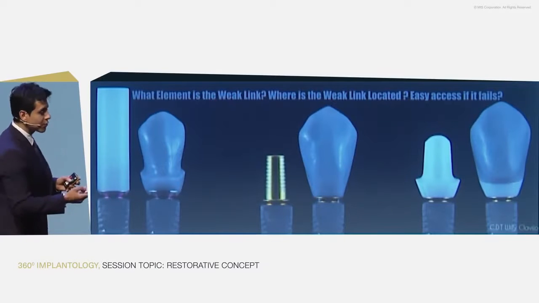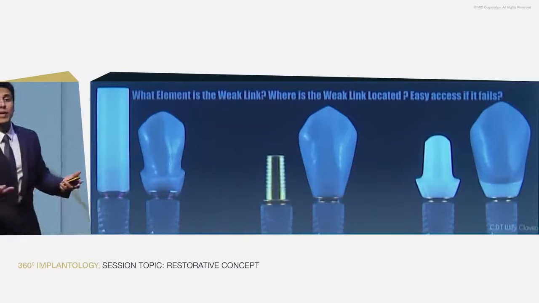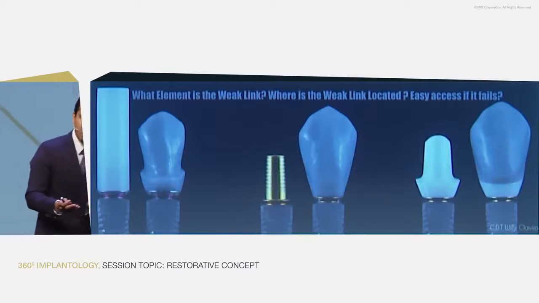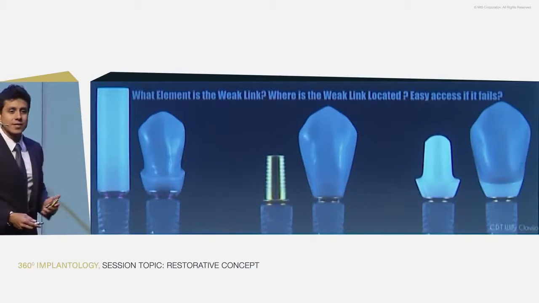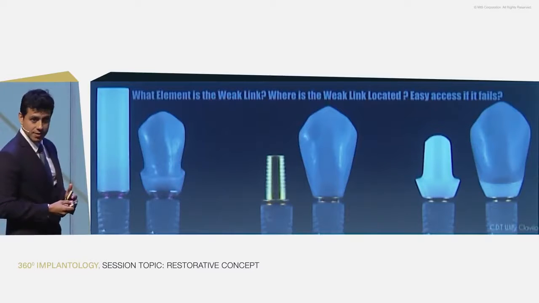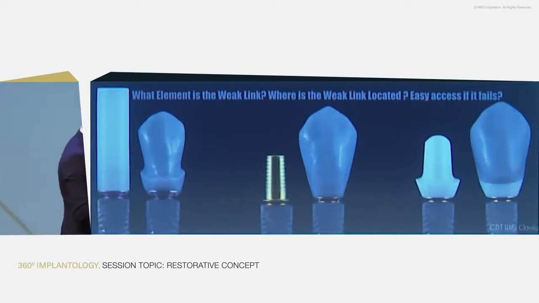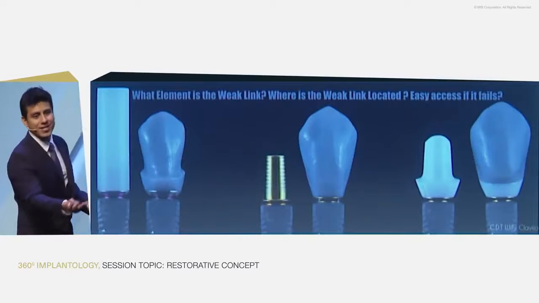And now you have to think, where is the weak link? Because if you work with metal, the weak link probably will be a chip on the layered ceramic part. And if you have a chip in a metal restoration, you have to replace it.